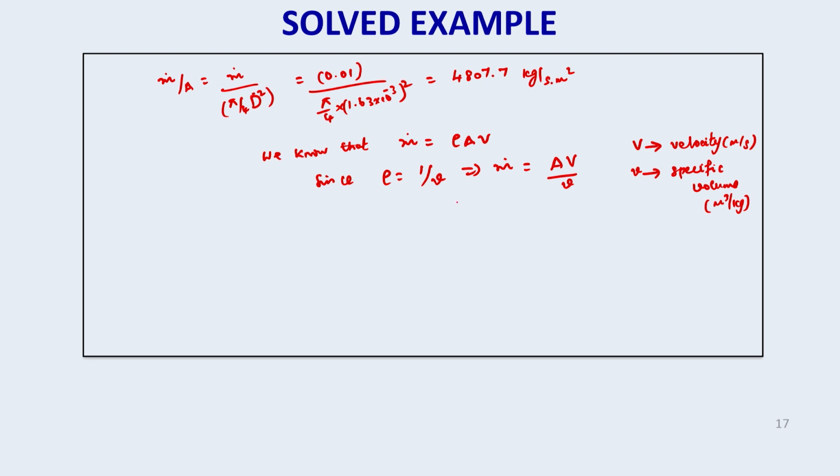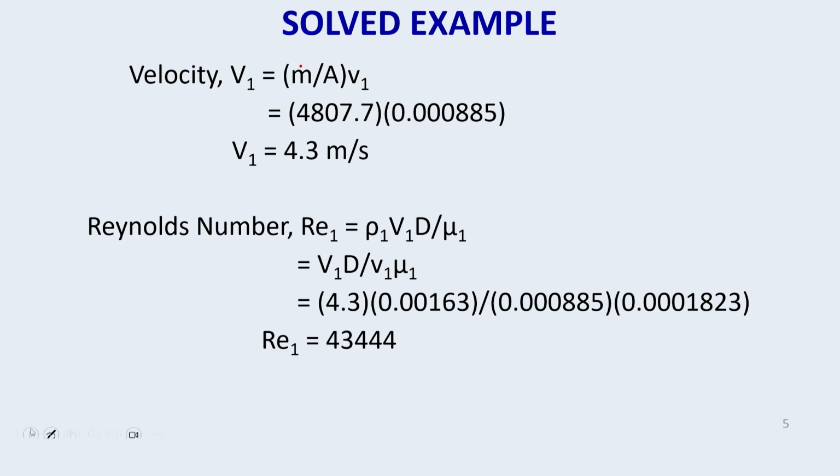Using this relation, we can write the equation at the inlet as well as at the outlet. At the inlet, m dot equal to A times V1 by small v1, the area remaining the same. Therefore, velocity at 1 is equal to m dot into small v1 by area. That is what I have written here.